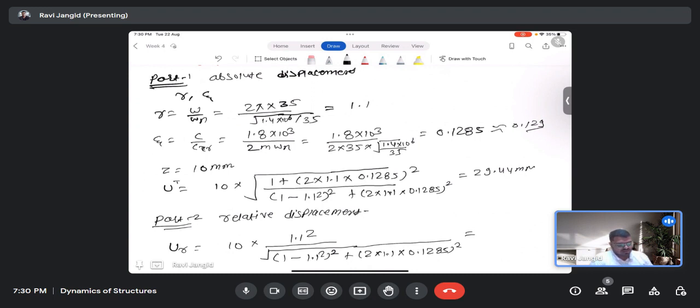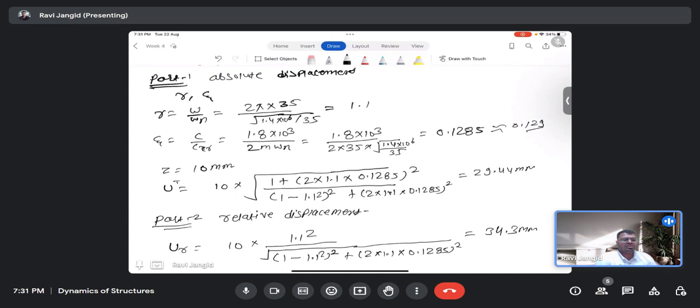How can there be so much difference? Let me check. I'm getting 34.3.